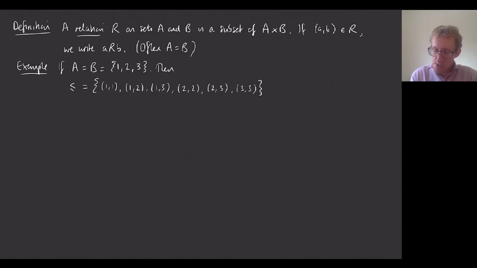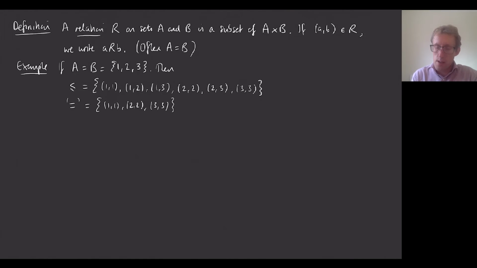So obviously for less than or equal to, we use a less than or equal to symbol. Another example of a relation would be equals. And I'm going to struggle with my notation here. So equals as a relation is this subset which includes (1,1), (2,2), and (3,3).